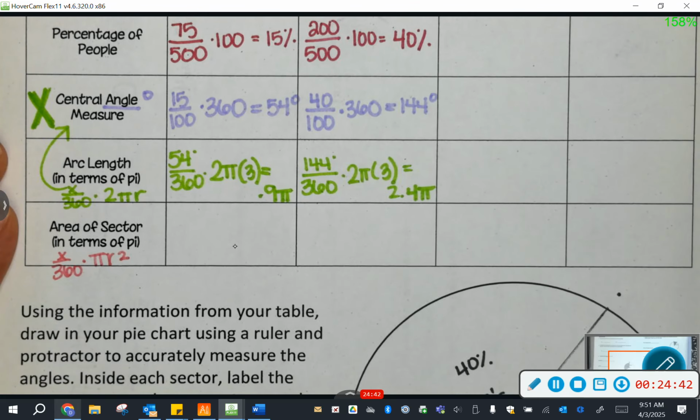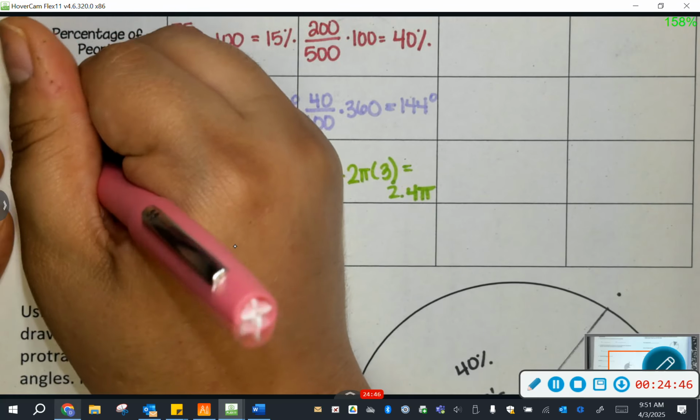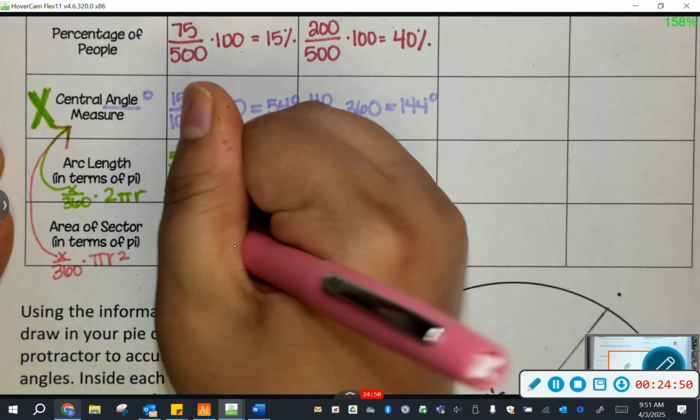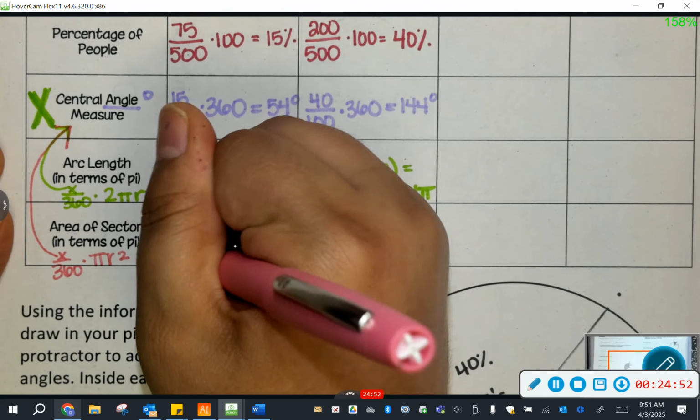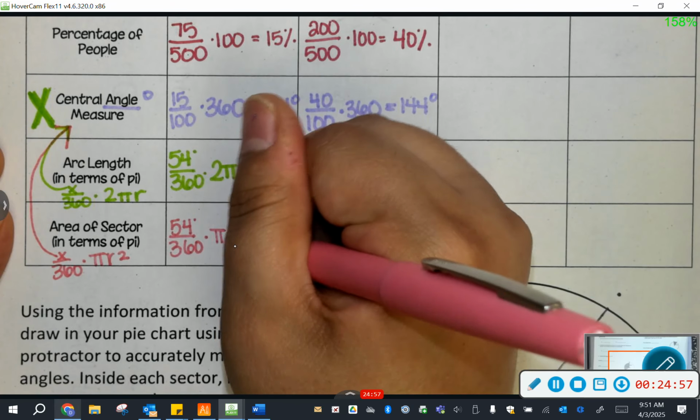Again, where am I going to get my x from? 2 columns up. It's not going to be the one right above it this time. It's still going to be the same degrees. So you're still going to have 54 degrees over 360, but this time you're going to do pi, and it's still going to be 3.